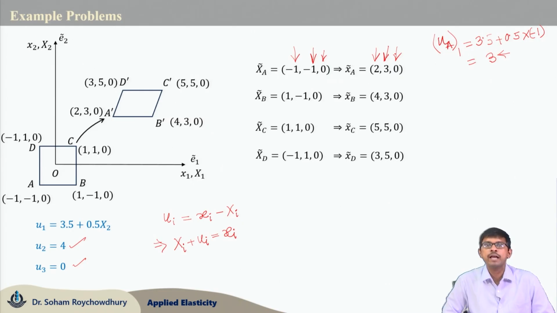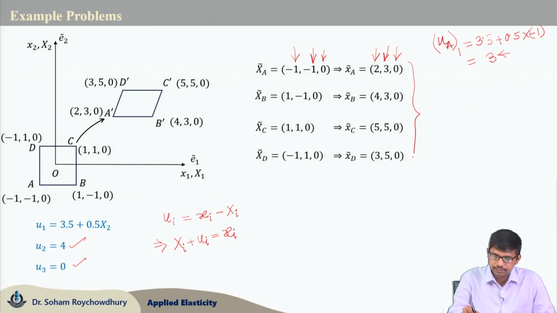You can see A prime B prime and C prime D prime are parallel to the x axis, whereas B prime C prime and A prime D prime no longer remain parallel to the y axis. So, the square changes to a parallelogram. The square ABCD maps to the shape A prime B prime C prime D prime, where the coordinates of all 4 endpoints are given like this. So, this completes the present problem.